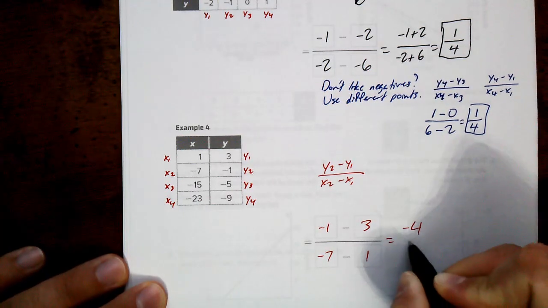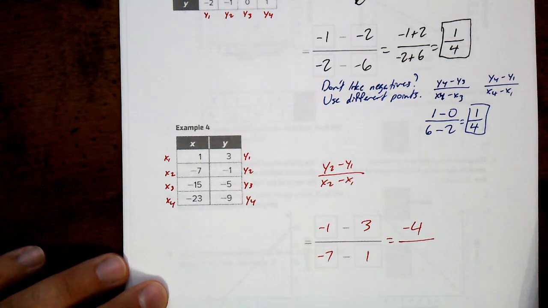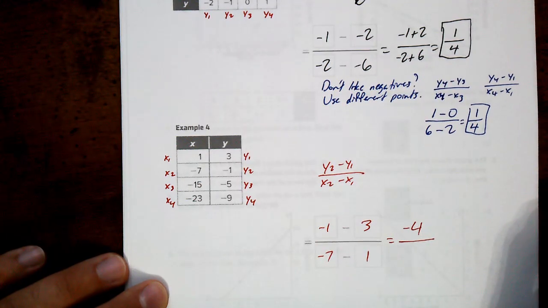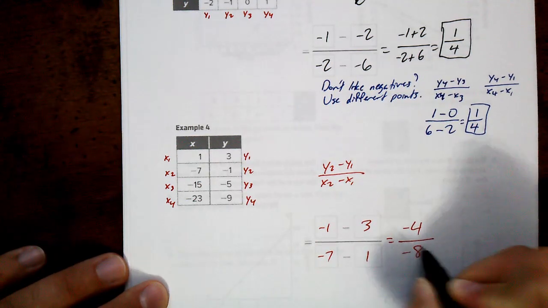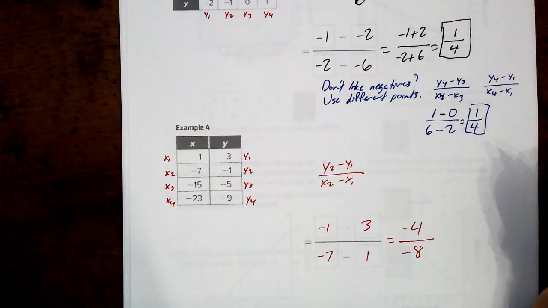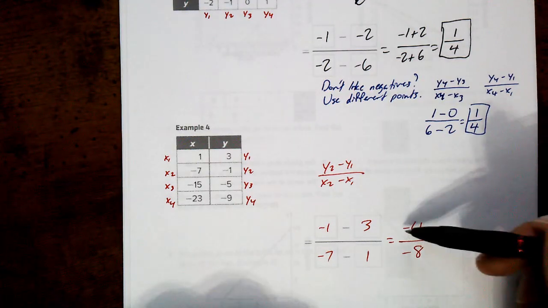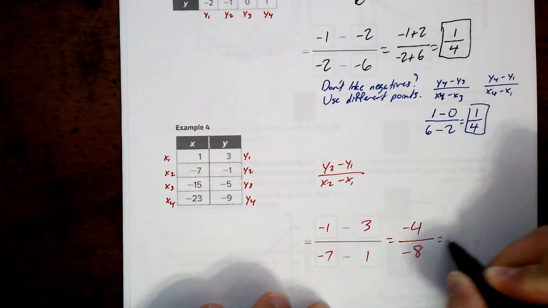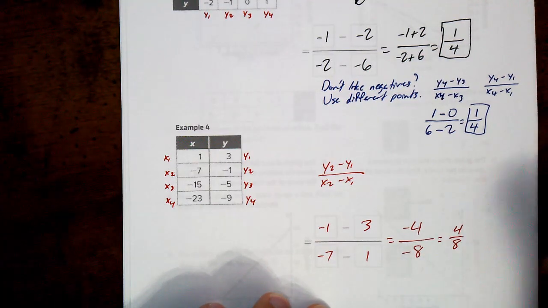Negative 4 over negative 7 minus 1. We get negative 8. What's a negative divided by a negative? Well, that's positive. So this is 4 over 8.